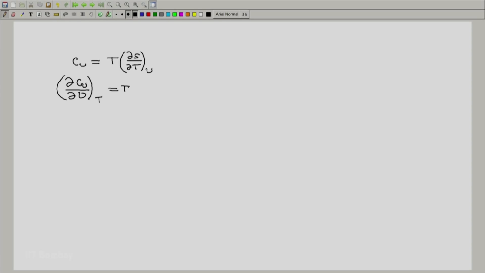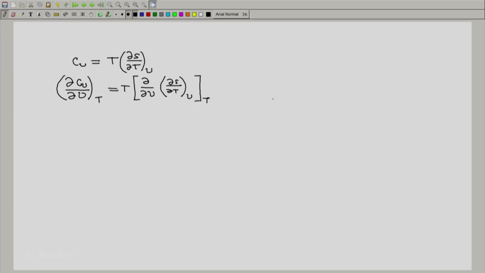So we have T, and then we have, let me write in big brackets, partial with respect to V at constant T of the second term, which is partial of S with respect to T at constant V.